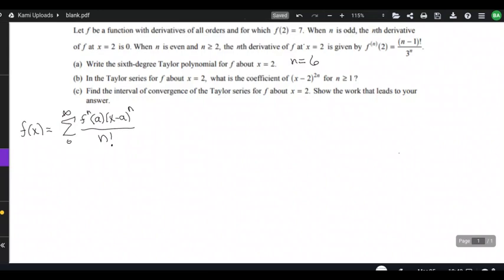We need to keep in mind that when n is odd, the nth derivative of f at x equals 2 is 0. So the only n terms we need to worry about are n equals 0, n equals 2, n equals 4, and n equals 6.